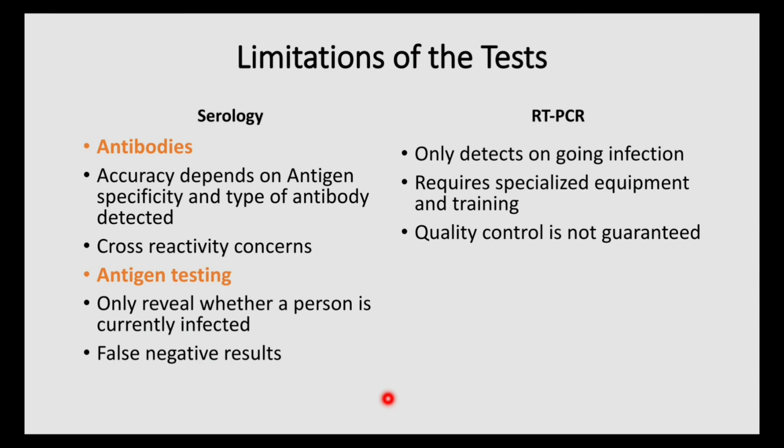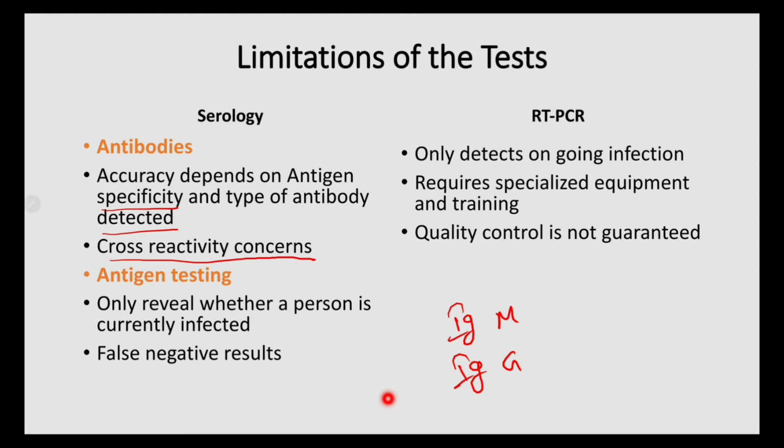Serology, first antibody testing: accuracy depends upon the antigen specificity and the type of antibody detected, whether it is IgM or IgG type antibodies, and most importantly the cross reactivity. What is this cross reactivity? It is nothing but false positive results due to antibodies to other coronaviruses.